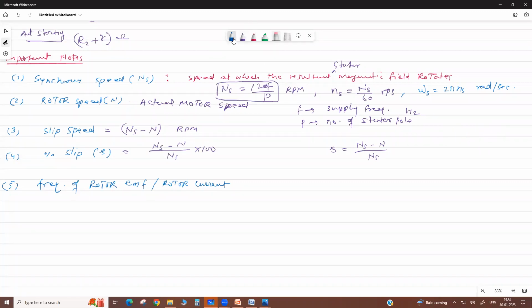Now s ns equals ns minus n. Bringing this part to this side, n equals ns minus s ns, or n equals ns (1 minus slip). So this is your actual rotor speed: n equals ns into (1 minus slip). Please remember.